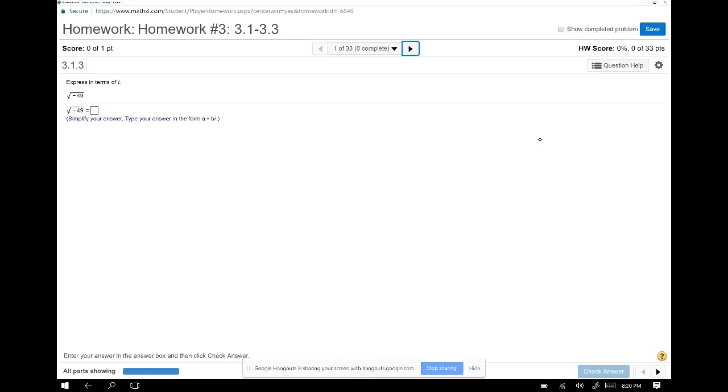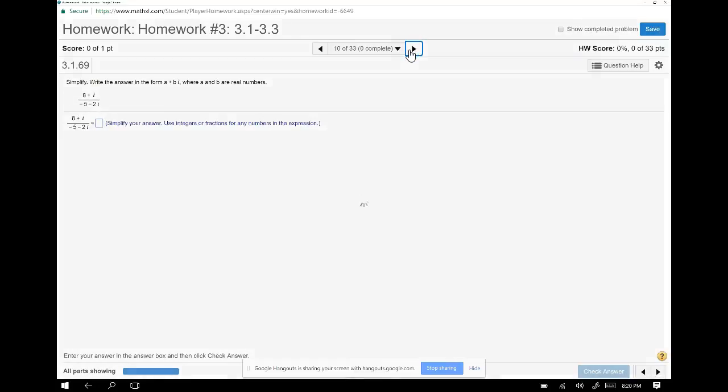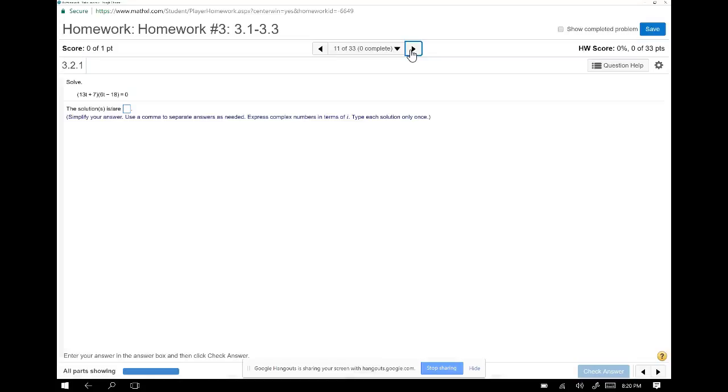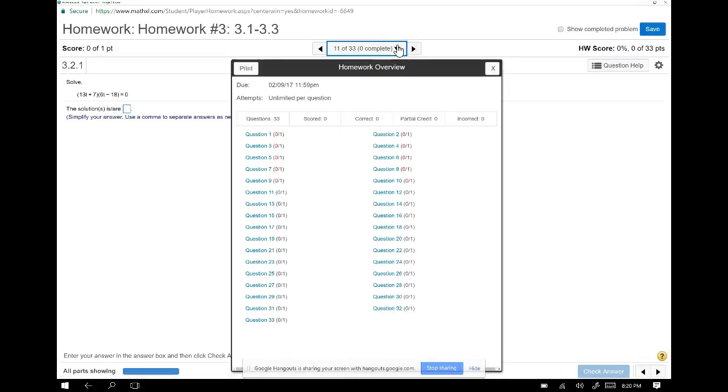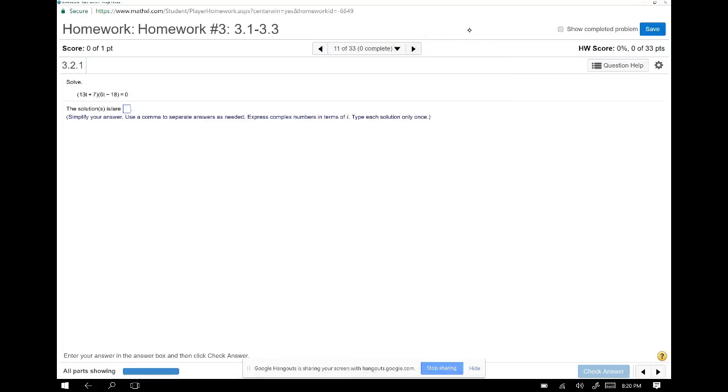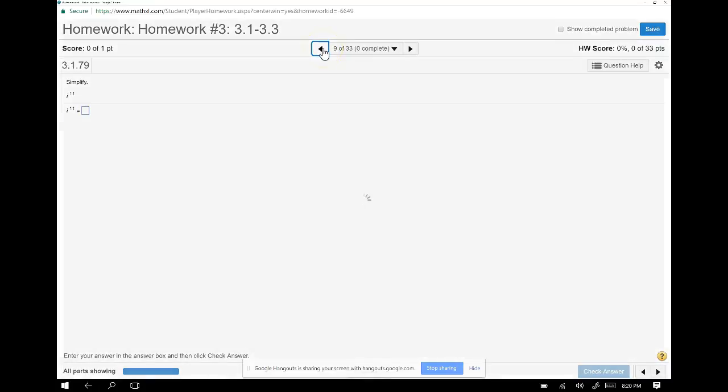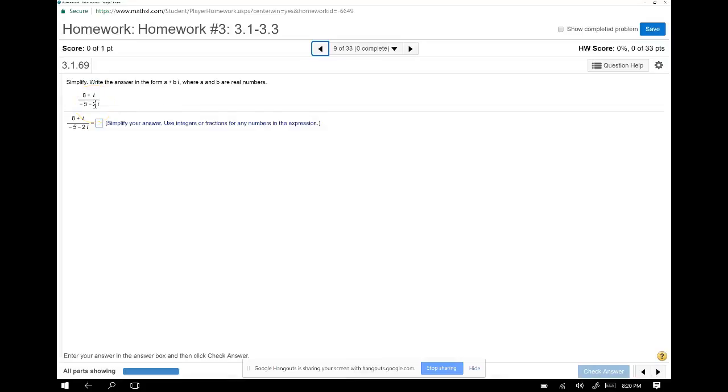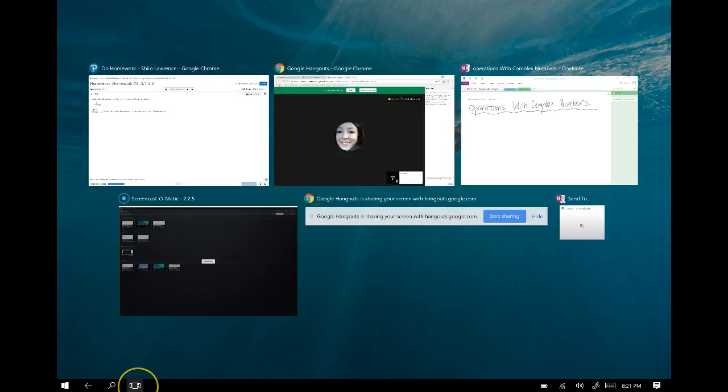So in homework number 3, the first 10 problems out of 33, so about a third of the problems in homework number 3, just have to do with you calculating things with the complex letter i. And all of those problems can be worked in your calculator.